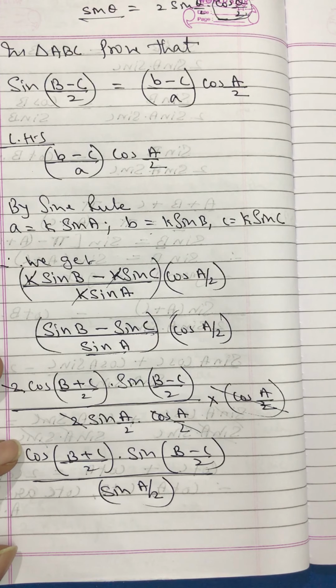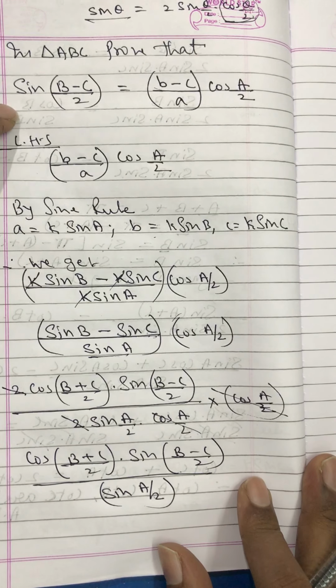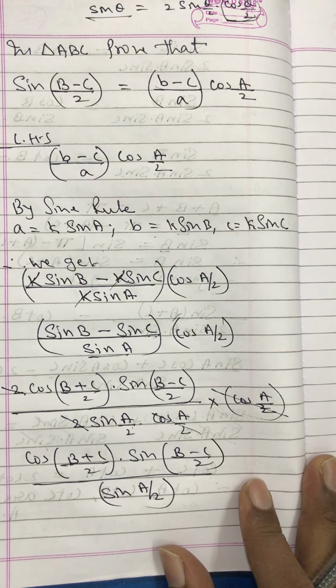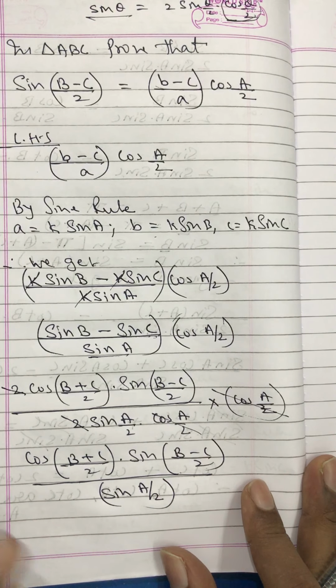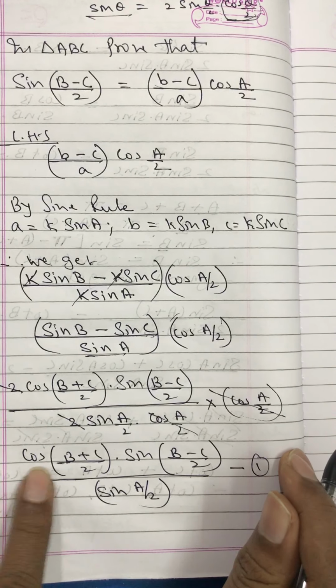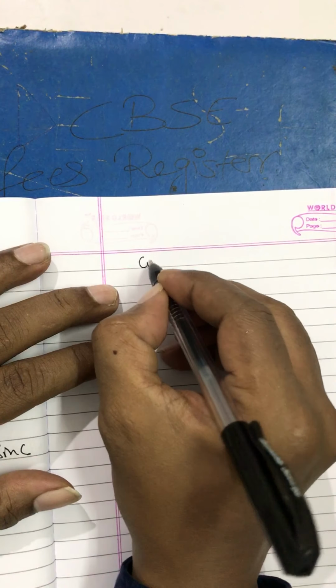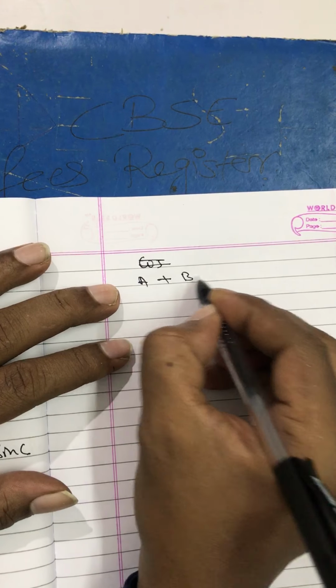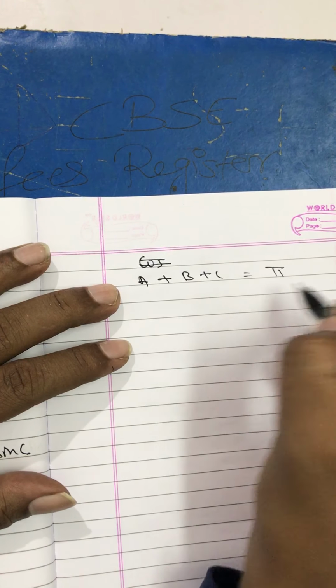Now what can we solve? Basically where do we have to go? We have to go to sin (B minus C) upon 2. We want sin, so cos has to be got rid of. See, cos (B plus C) upon 2, we can simplify that. For a triangle, A plus B plus C is equal to pi.